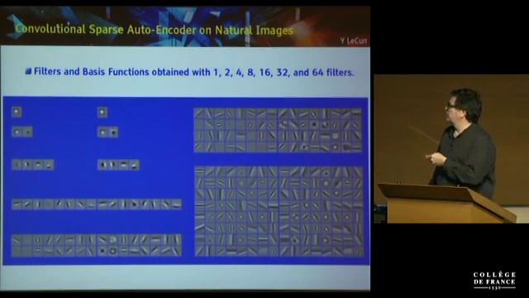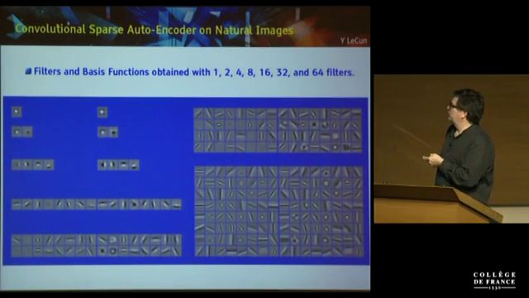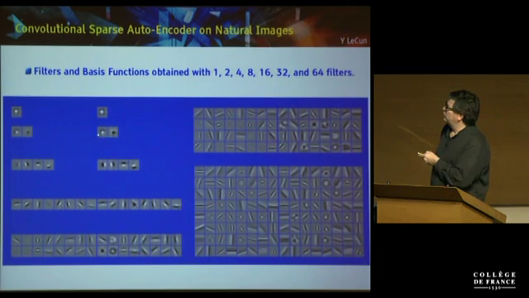Here's another example. When you train using natural image patches or bits of a natural image with convolutional sparse coding, you increase the coefficients of the encoder and decoder. If you have only 2 filters, it gives you simple filters.